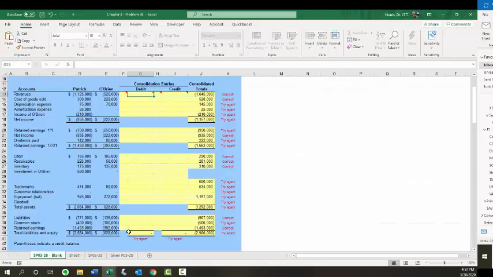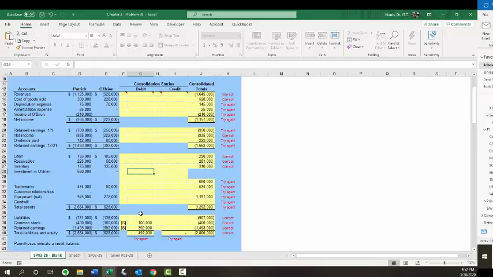So having done that, just like last week, the first thing we want to do is remove the stockholders' equity on the subsidiary's books. So 100,000 and 250,000, the stockholders' equity at the beginning of the year, that's 350,000.